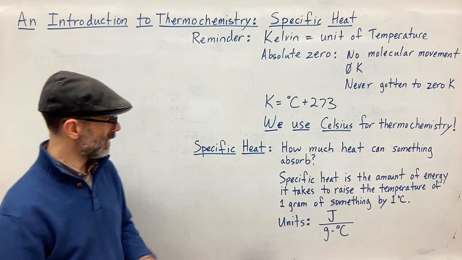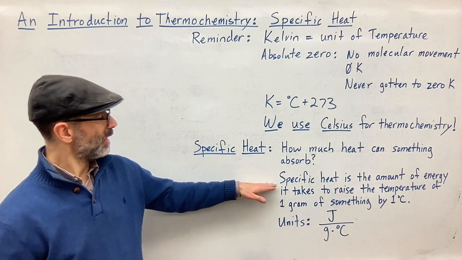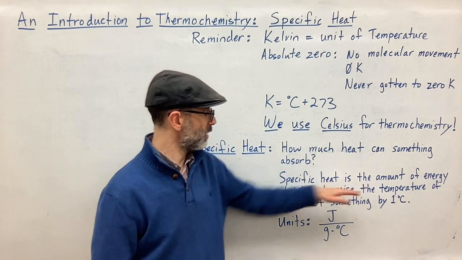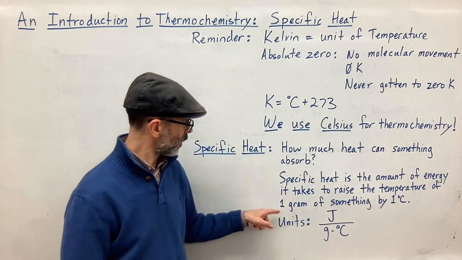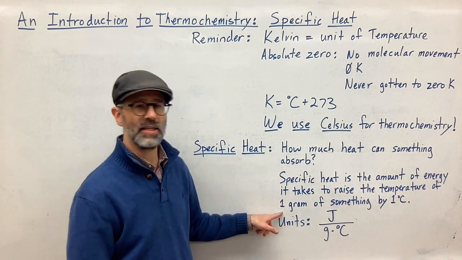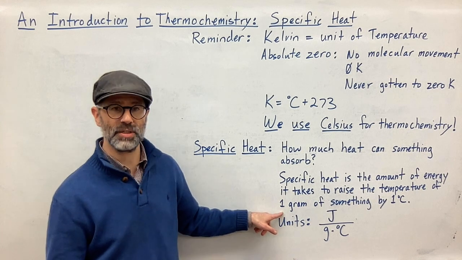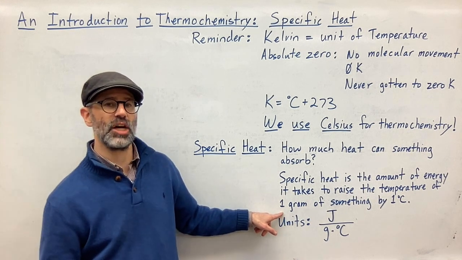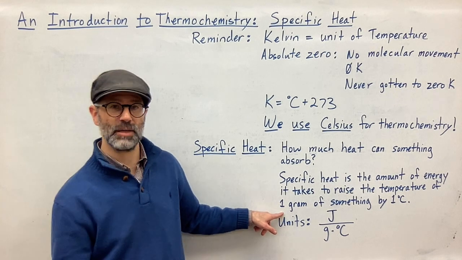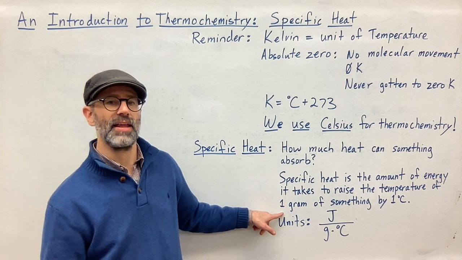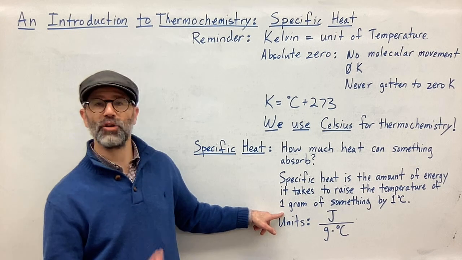So what is specific heat? Specific heat is the amount of energy it takes to raise the temperature of 1 gram of substance. That's where the specific comes in, right? If this was just heat capacity, then this 1 gram wouldn't be there.